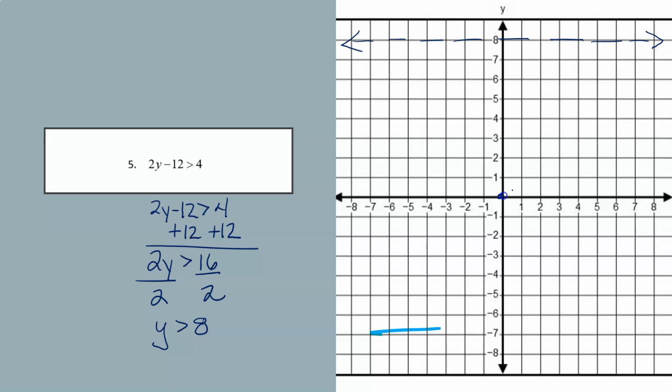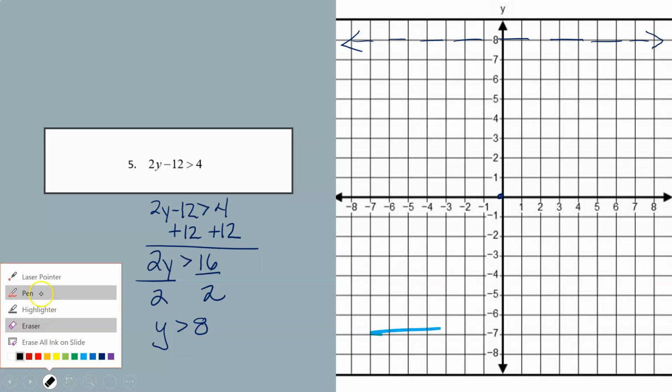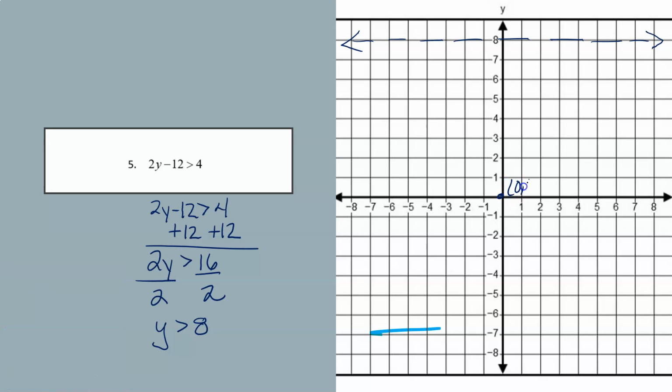So if I pick my test point 0, 0, and plug it in, is 0 greater than 8? No, that's not true. So we're not going to color the side with the test point.